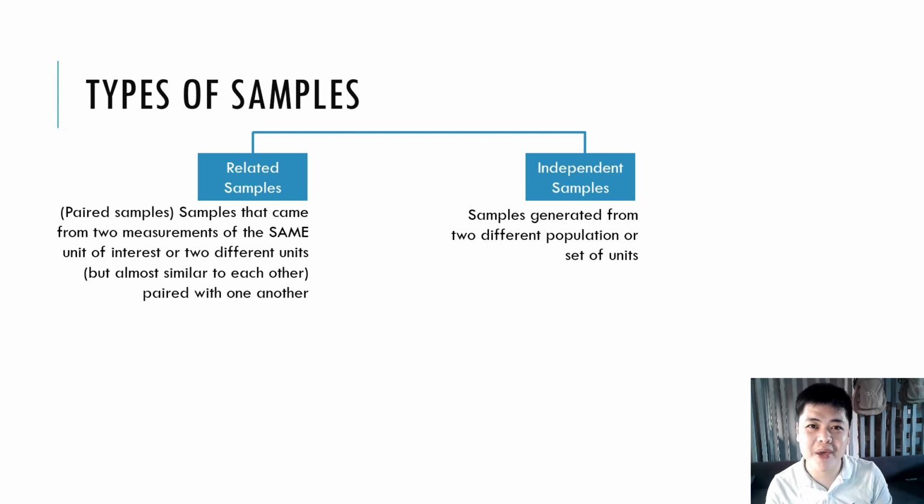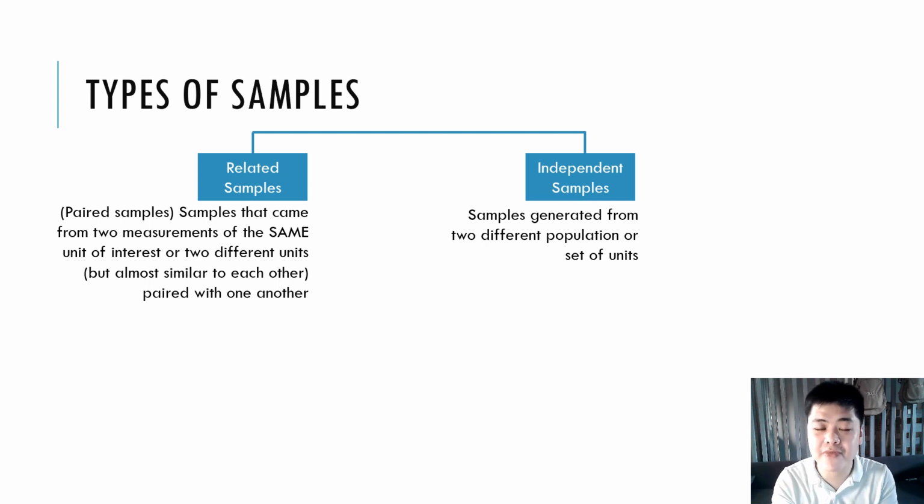So for example, you want to compare the performance of section A and section B, which are different people. Or you want to compare the performance of a diet program using one group of people in a particular center, and then another group of people in another center.